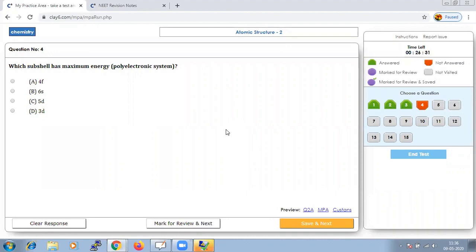It's very simple to find out, because based on our Aufbau principle, it has its own order, or you can say that the n plus l value you will be able to calculate. So for maximum energy, if you are making an arrangement based on the Aufbau principle and checking that arrangement, you could come to the conclusion that option C will be the right option.